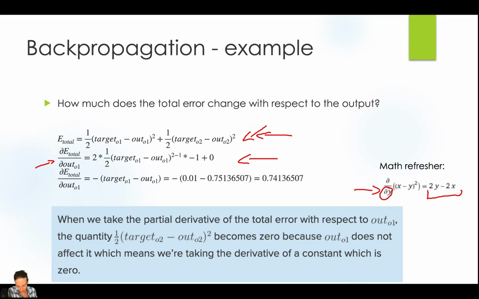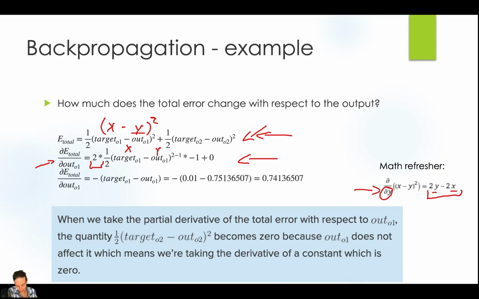Here we have x minus y to the power of 2 and we take the partial derivative for y. Okay, so then we get x minus y to no power and times 2. So that's almost the same as we see here, except we see y minus x instead of x minus y.